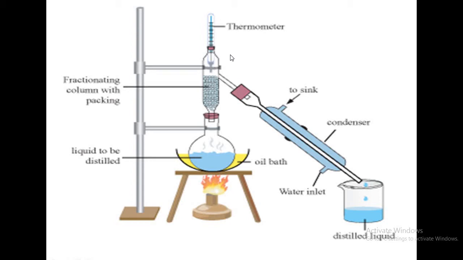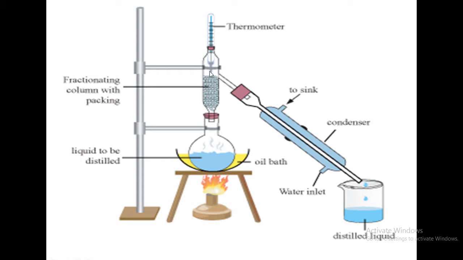Let me first explain the function of these components. This round bottom flask contains the liquid to be distilled, acting as a container. This is a fractionating column, and it is attached to this round bottom flask at the bottom and the thermometer at the top. The bulb of the thermometer should be kept very close to the mouth of the condenser, the opening where the condenser is attached.